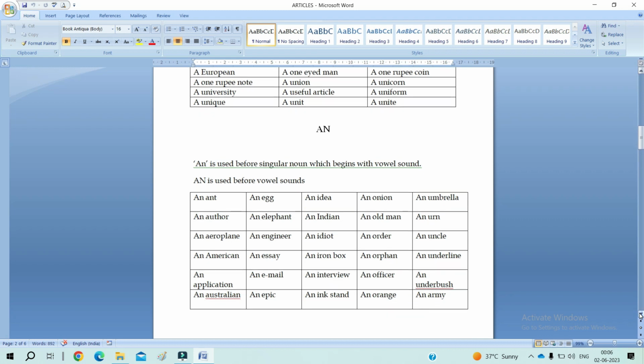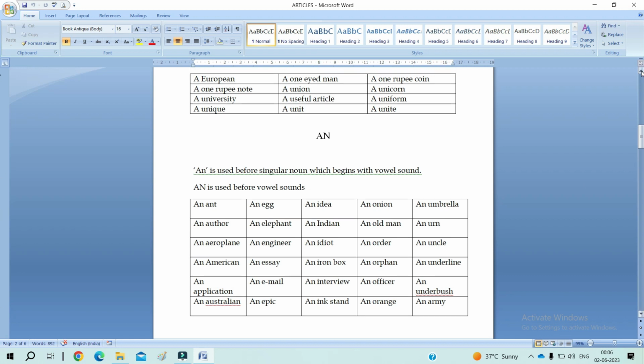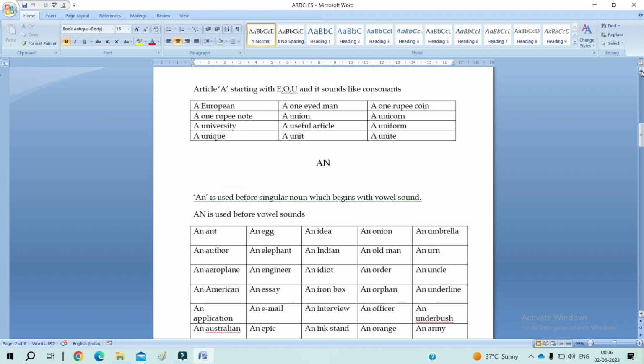Well, let us continue. An is used before a singular noun which begins with a vowel sound. Above, the words starting with e, o, u sound like a consonant, right?